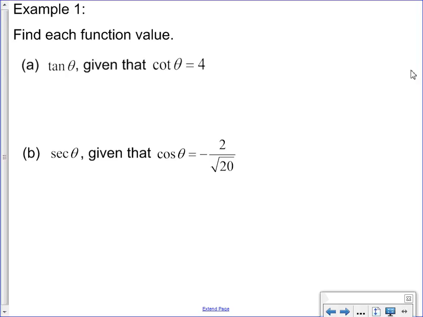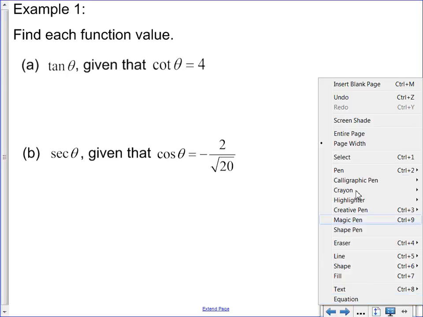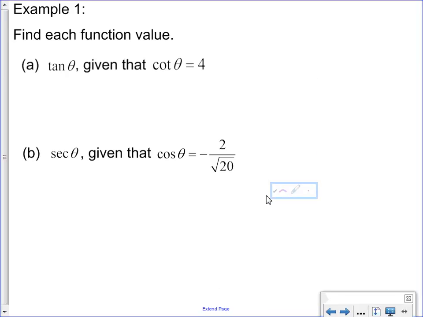So, if you want to find tangent, for example, but you know cotangent, you use the property that tan is 1 over the cotan.